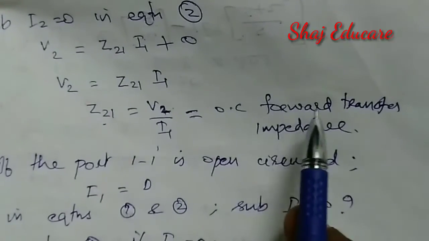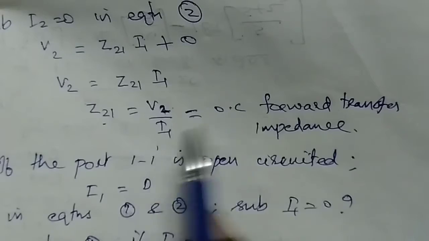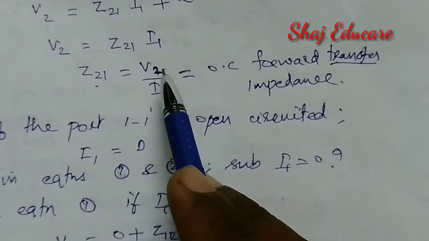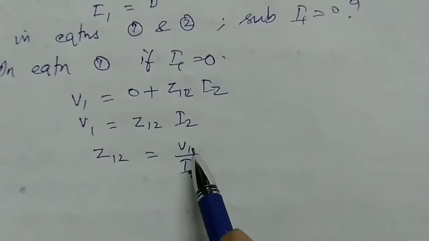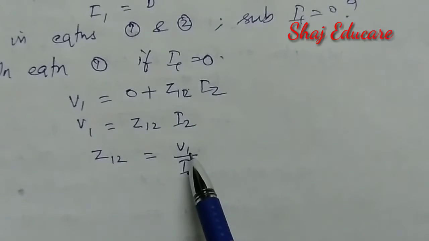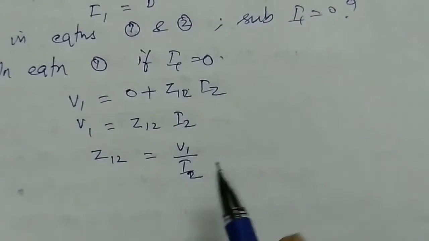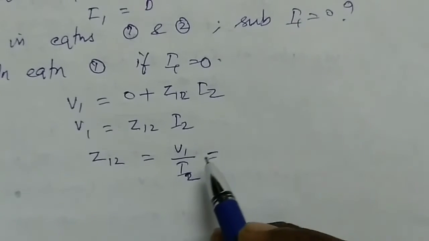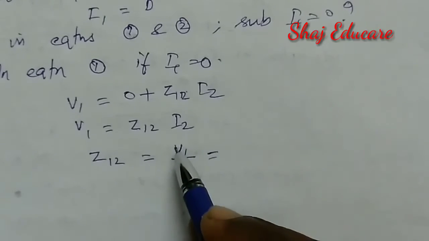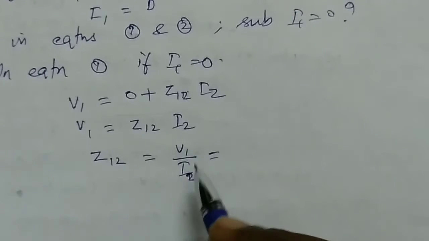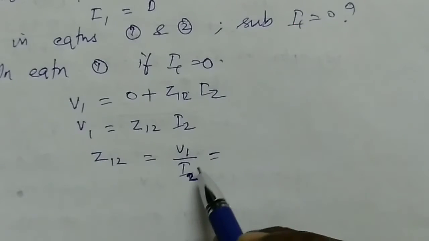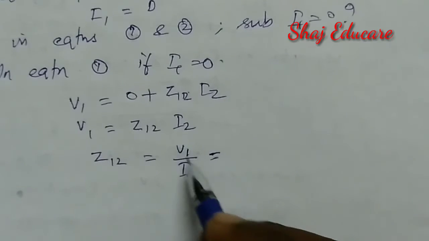Just as we have discussed, V2 by I1 is a transfer ratio, as these terms belong to different ports, 2 and 1. Here also these terms belong to different ports, port 1 and 2. So basically this is a V by I ratio, which should be an impedance, but both belong to different ports. So this is a transfer impedance.